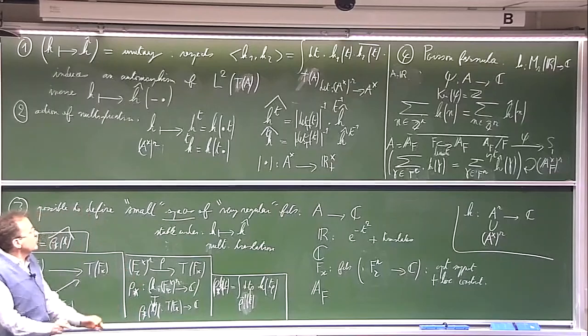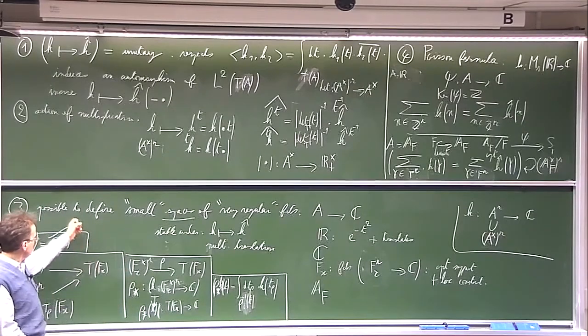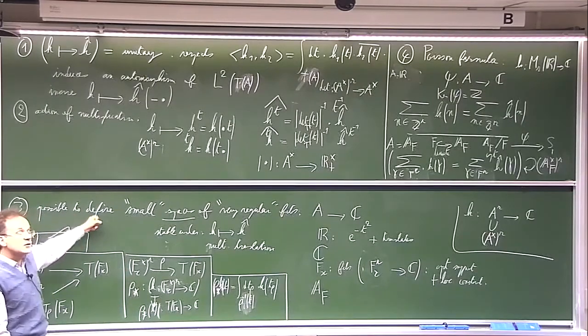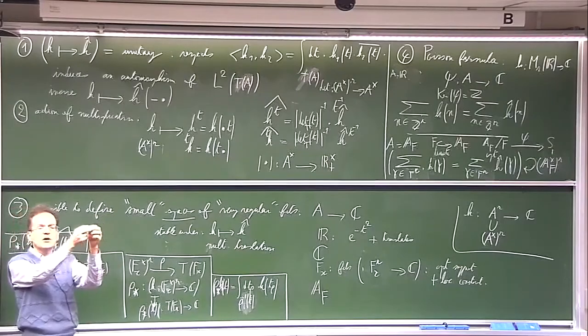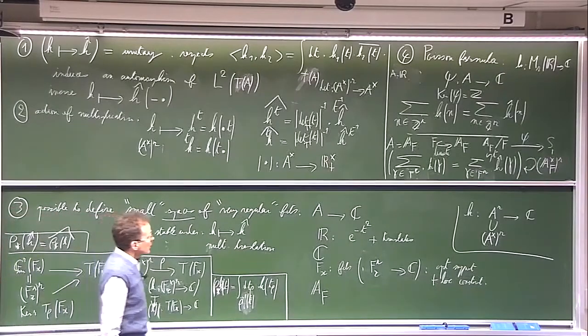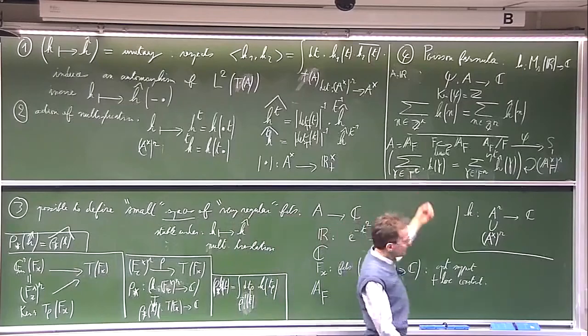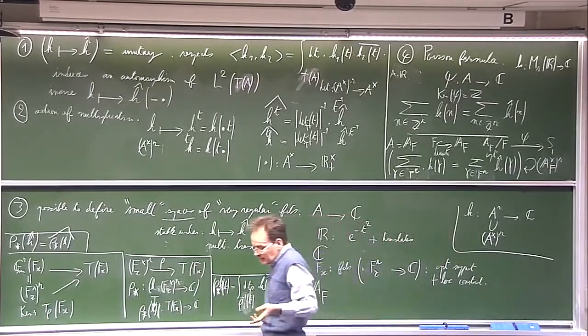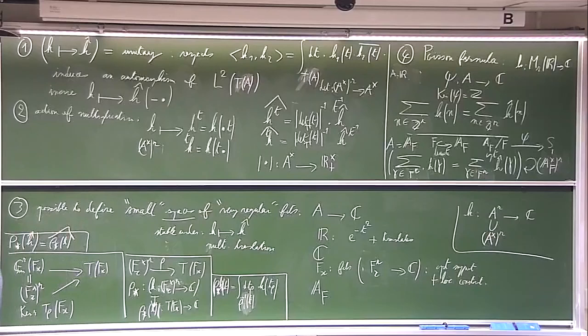The definition of very regular function is just the fact that they come from the spaces we had before by taking the quotient.